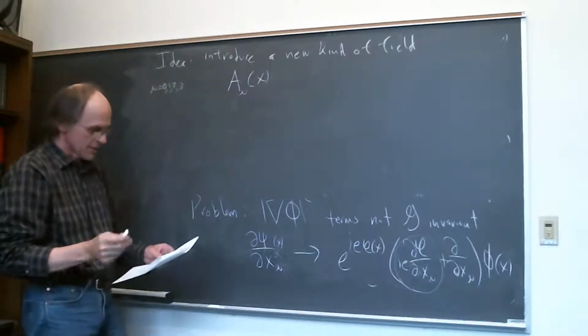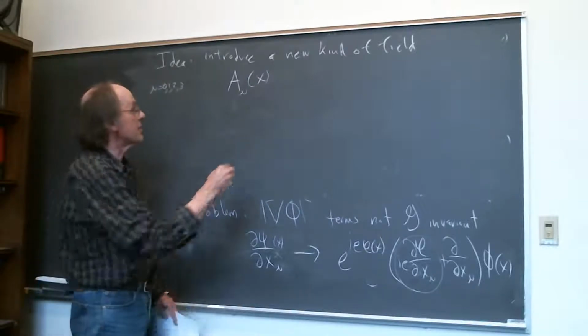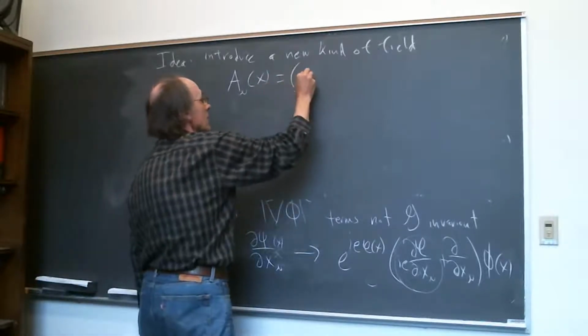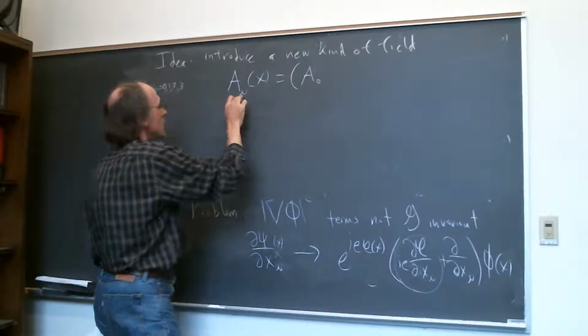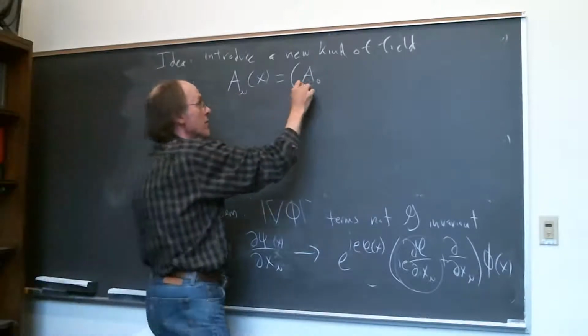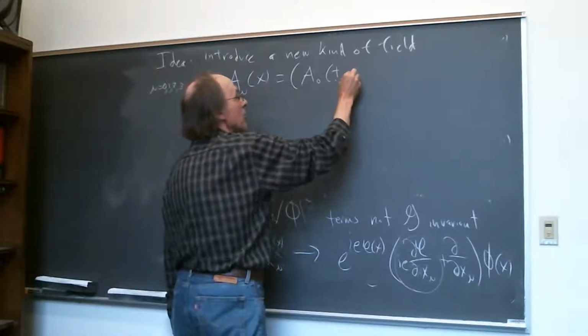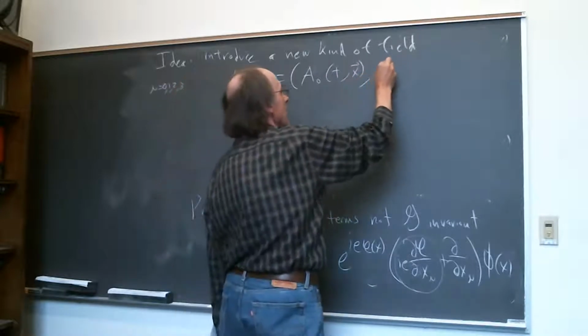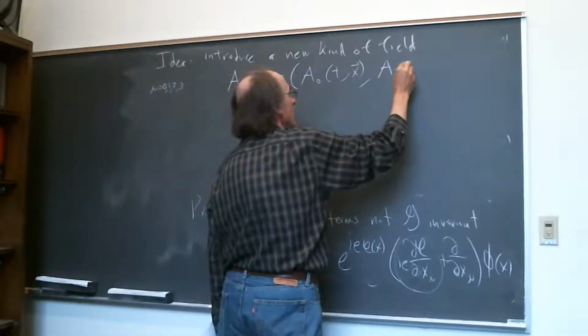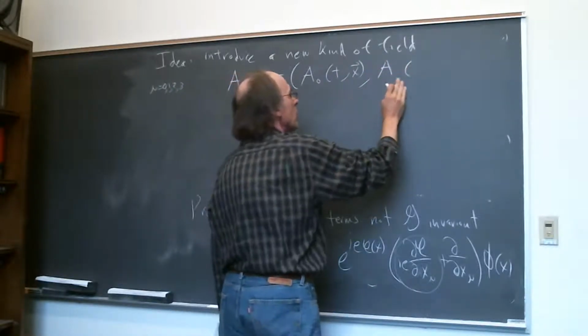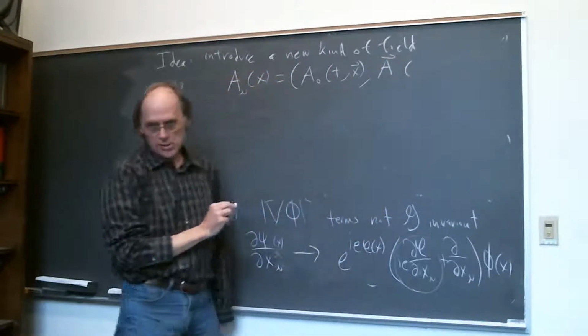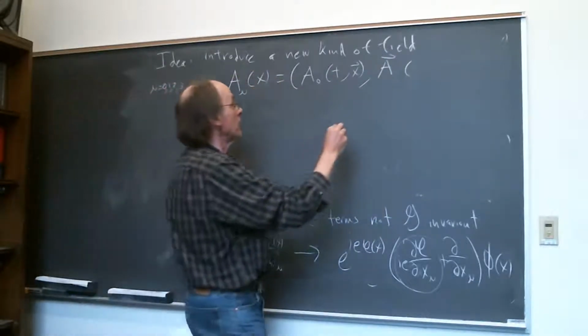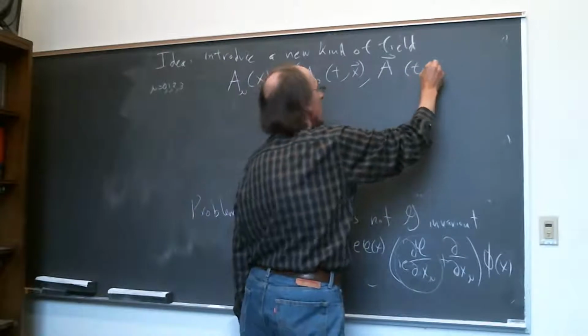You can think of it this way: it's got a piece for μ equals 0, a function A_0 that depends upon where you are in time and space, and it's got the three spatial components, a kind of spatial vector valued thing that depends upon where you are in space.